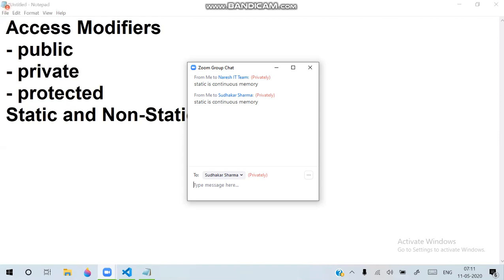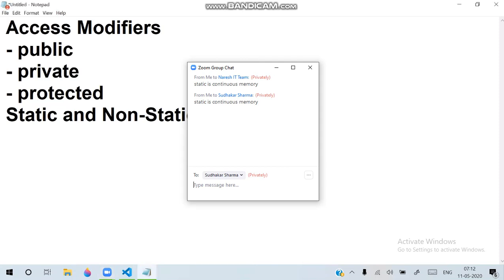Yes, so static is continuous memory and non-static is discrete memory. Discrete is not a continuous memory, right? That is what we need to understand.